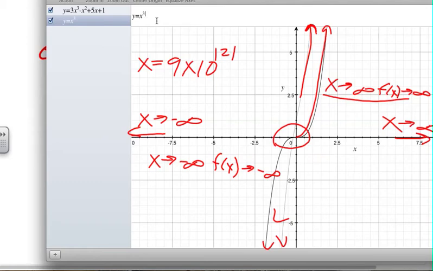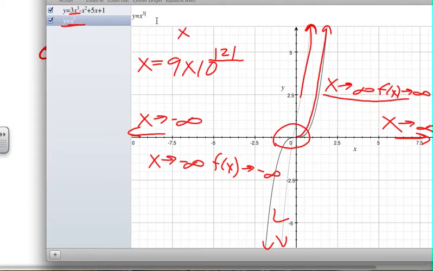When I cube that, now we go from 121 zeros to 363 zeros. So what you see is happening is that as x gets big, the highest order term is what will take over from us.